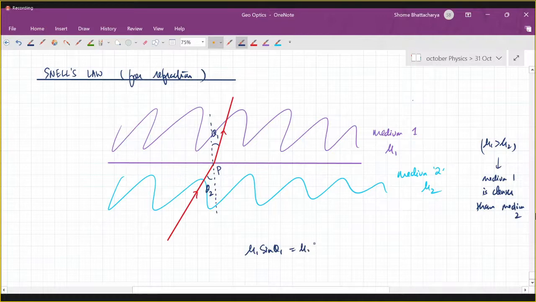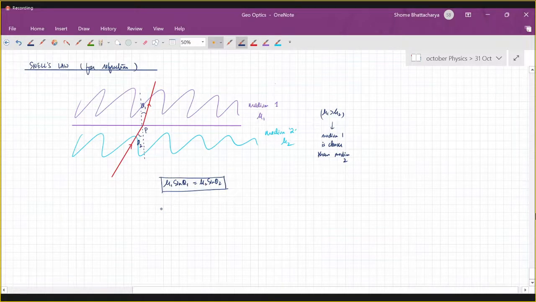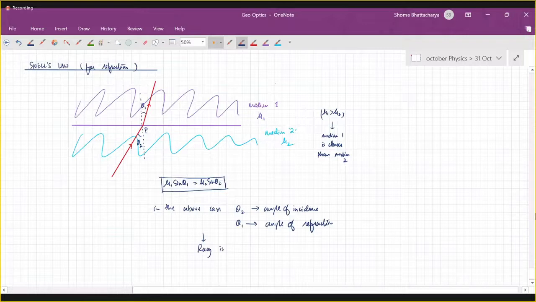The important thing here is that there is also reversibility. So in the case shown above, theta_2 is the angle of incidence and theta_1 is the angle of refraction. And the ray is transmitted from rarer to denser medium because mu_1 is greater than mu_2.